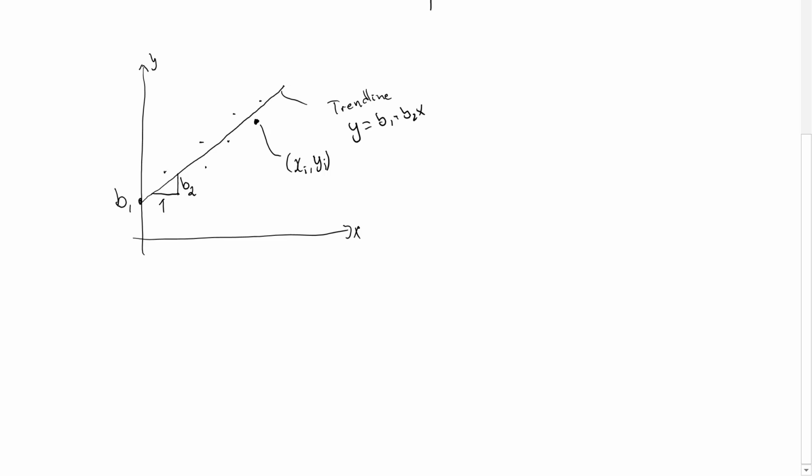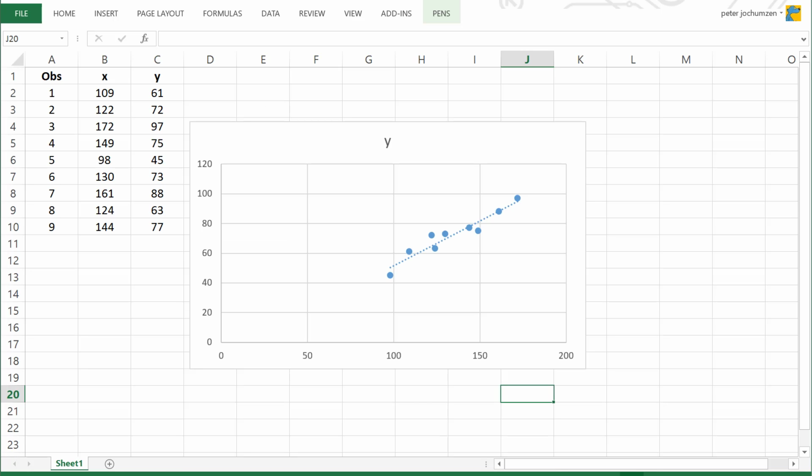That represents one sample point with this x coordinate and this y coordinate. Since I typically have quite a lot of observations, it's not possible to find a trend line such that all these points are on the line. Well, not necessarily. They could be on the trend line by fluke.